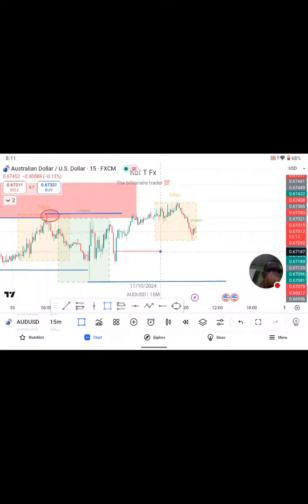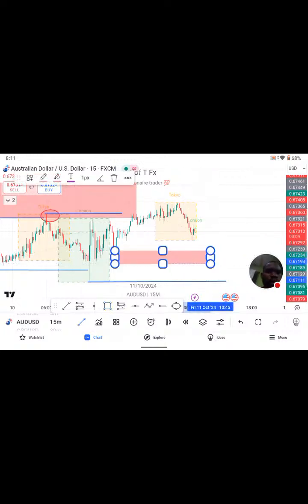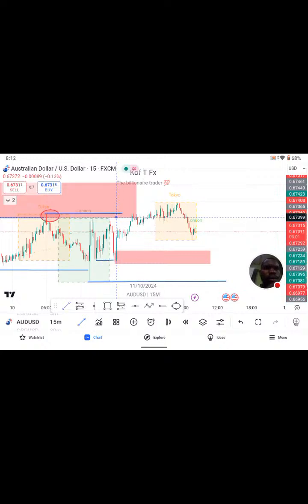I'm expecting a reaction from here. Liquidity grab. These are internal structure.